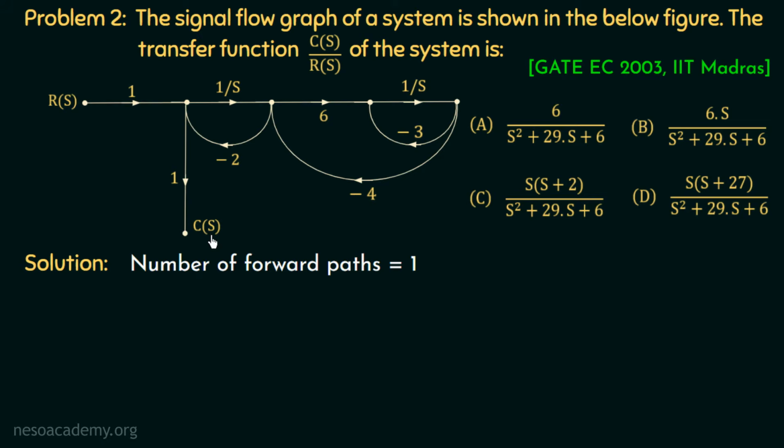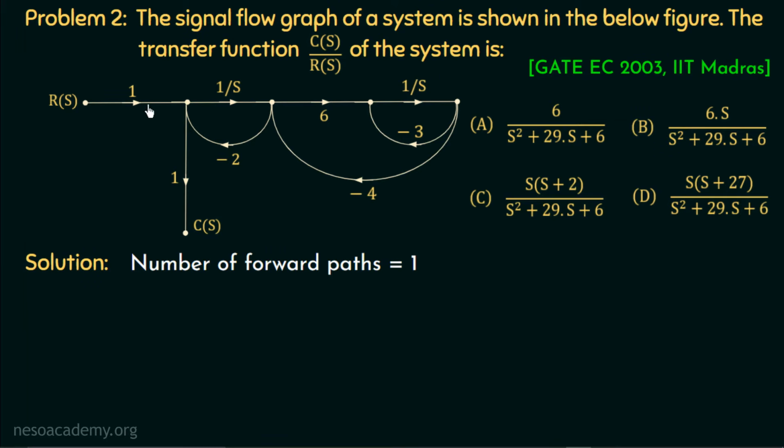Many of you might be thinking about this forward path. If we start from this node and move towards this node along this branch, and then if we follow this path to move towards this node, and then if we take this branch to move towards this node, then we move along this branch towards this node, and finally with this branch we move towards the output node. Now, is this a valid forward path? No, this is not a valid forward path.